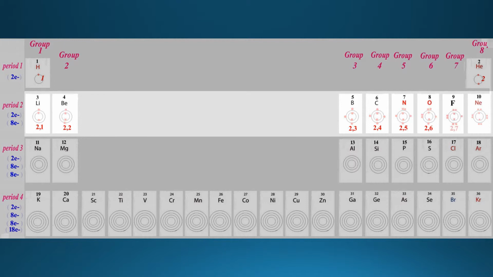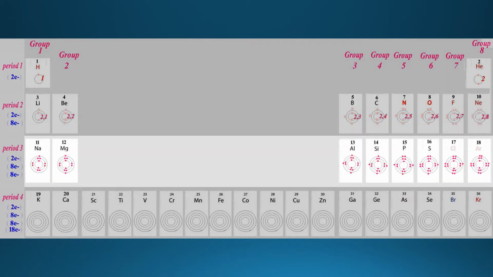Fluorine, same rule, inner shell, outer shell, total 9. Neon, inner shell, outer shell, total 10. That's how it works. Now look at period 3.